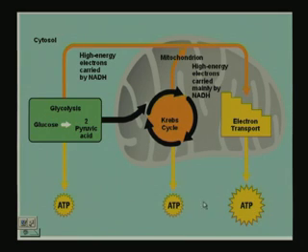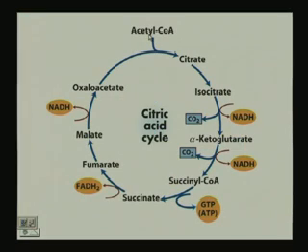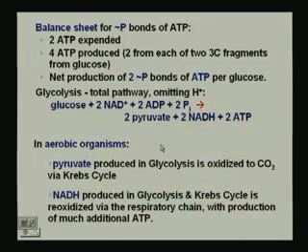So, we are looking at energy production. So, the breakdown of glucose is going to give us energy. So, we have the Krebs cycle where the acetyl CoA comes into the picture. We have the formation of NADH, a formation of ATP, formation of FADH2 and NADH, which gets on into the electron transfer processes of oxidative phosphorylation, and we have the formation of carbon dioxide that results from the breakdown of glucose.